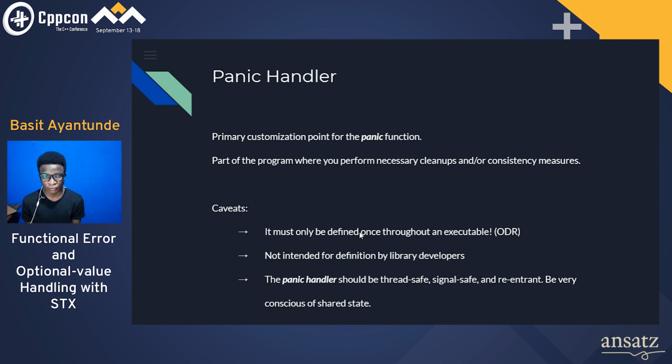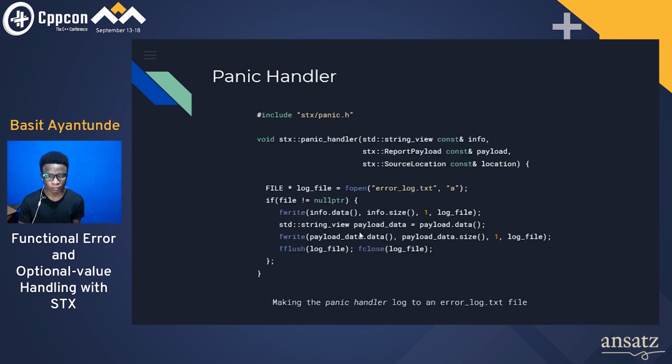It is mostly meant for application developers in general. The panic handler should be thread safe, signal safe and reentrant. And you should be very conscious of shared state, as many parts of the program can call panic at any point in time, and it could be called from a context switching or multi-threaded context.